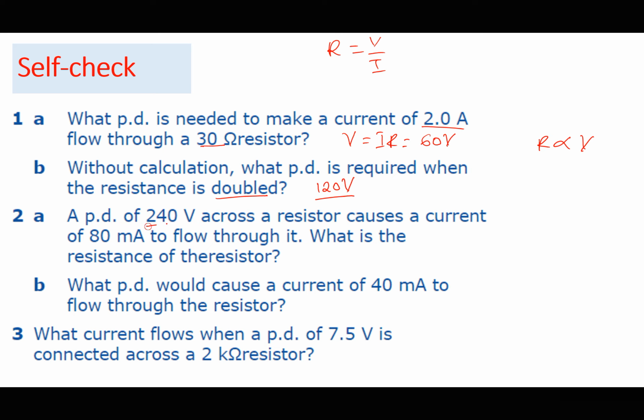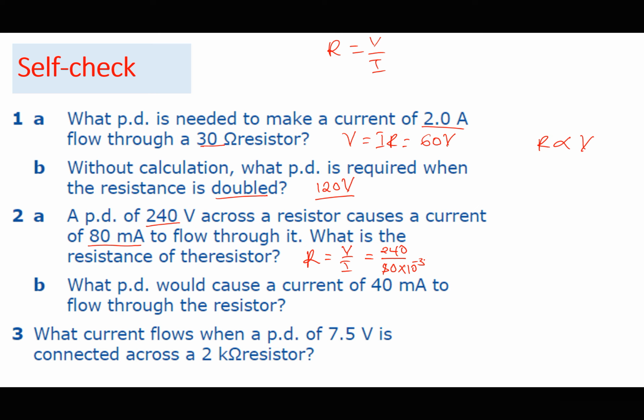A PD of 240 volts across a resistor causes a current of 80 milliamperes to flow through it. What is the resistance of the resistor? So resistance is equal to V over I. So V is 240 divided by I, which is 80, but is in milli. So we say 80 times 10 to the power of minus 3 to remove the milli part.